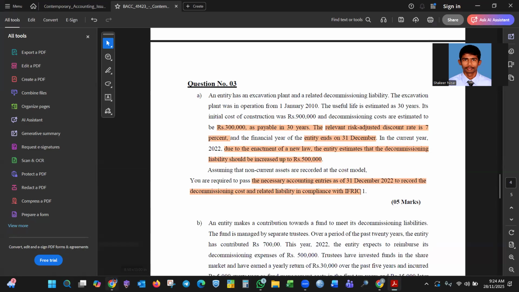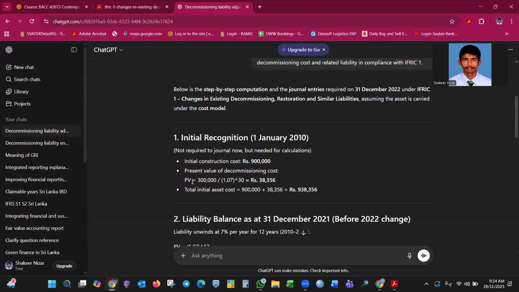Therefore, in 2010 you need to recognize the present value of the future cash flows. PV equals FV divided by (1 plus R) to the power N. Therefore, 3 lakhs divided by 1.07 to the 30th power. This is the answer. Give me 1 minute. I will elaborate the question.